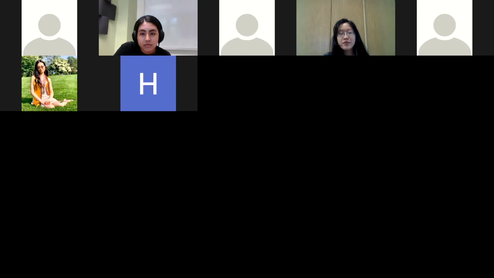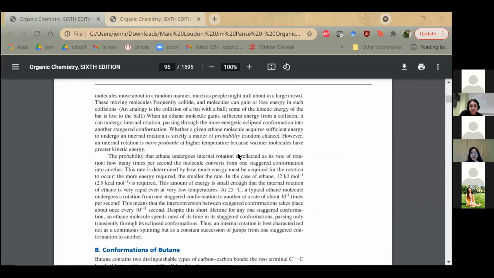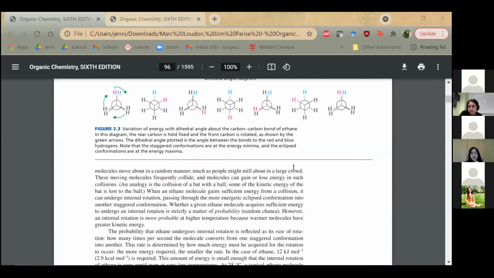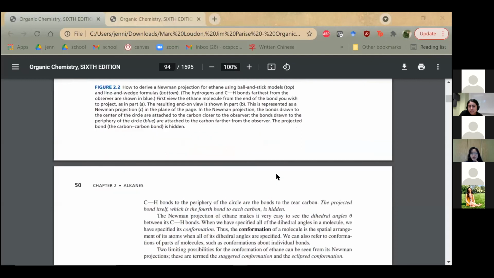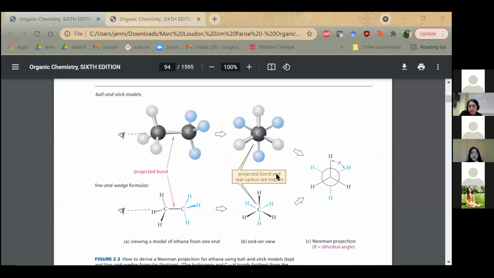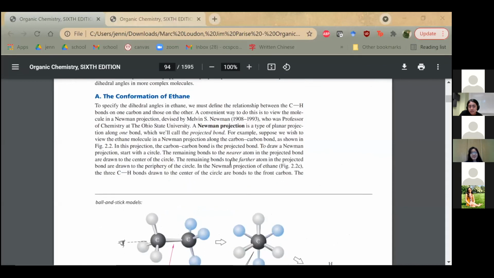Oh, the link for the textbook, I believe, is on the Canvas page. Yeah, we put it up there for your reference. Chapter 2 goes over alkanes, and it starts talking about different conformations. Let me just try to find the first page. It goes much more into detail than I did. So this is the picture I took earlier. That's going to be page 49. So you can look at this.